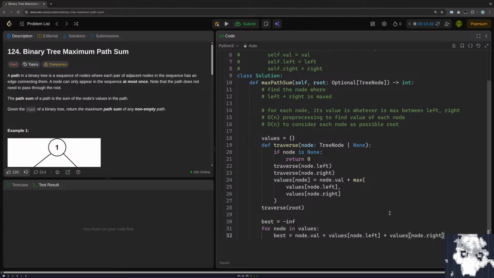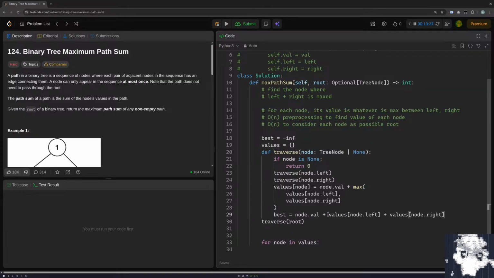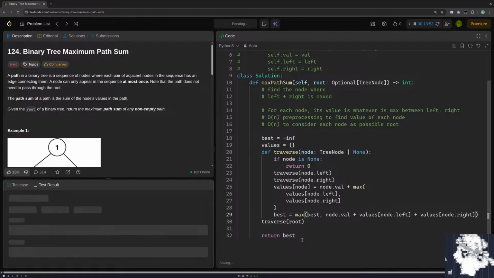The other thing I'm realizing is the only thing you need is the values of the children, which means we can just do it as part of our traversal up there. So instead of generating the values and then iterating over it twice, we'll just iterate over it once and return best. Best is max of the current best and this new candidate.